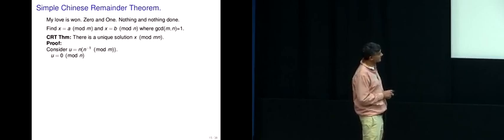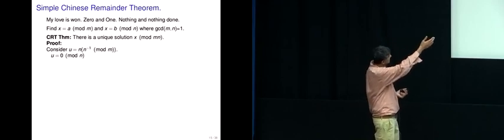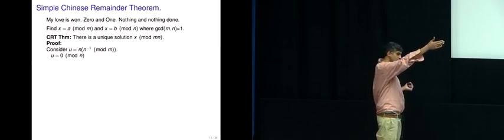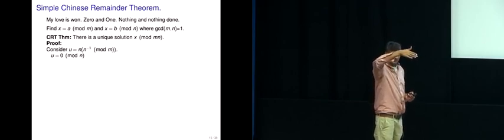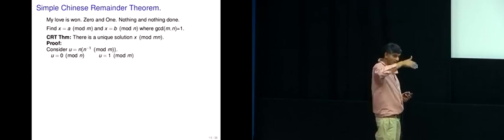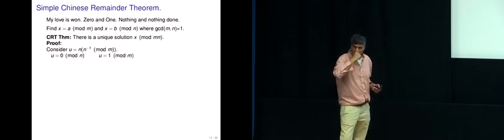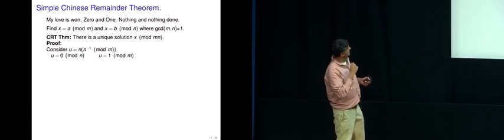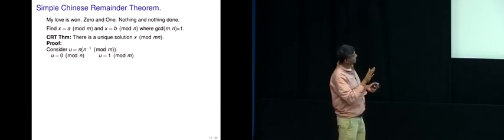Now, what if I take it mod m? What do I get? Well, I get some number mod m times its inverse mod m. What do we get when I multiply a number by its inverse? 1. Right? These are prime. Let me just make them prime for now.